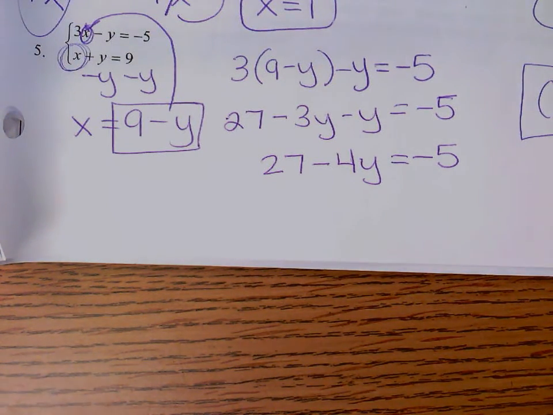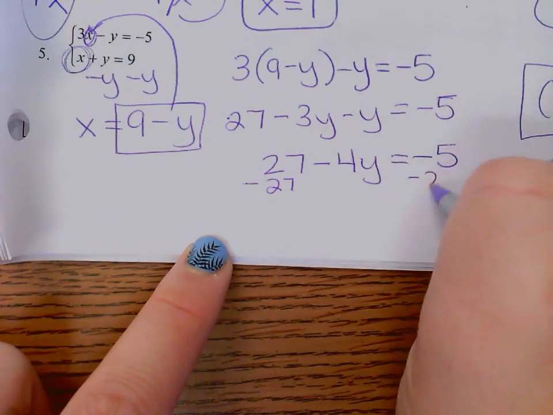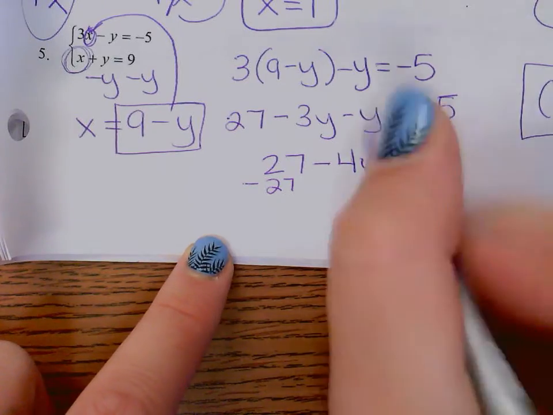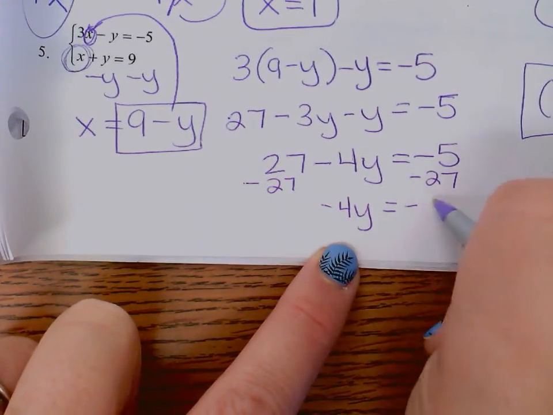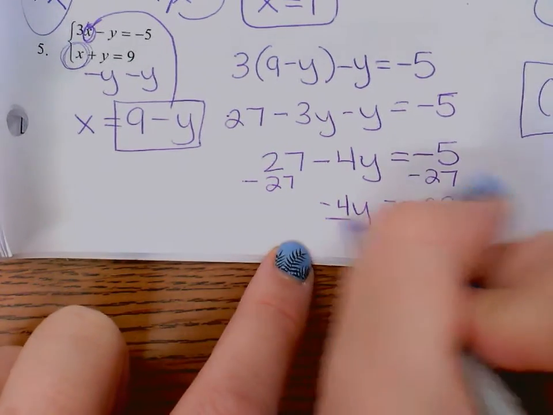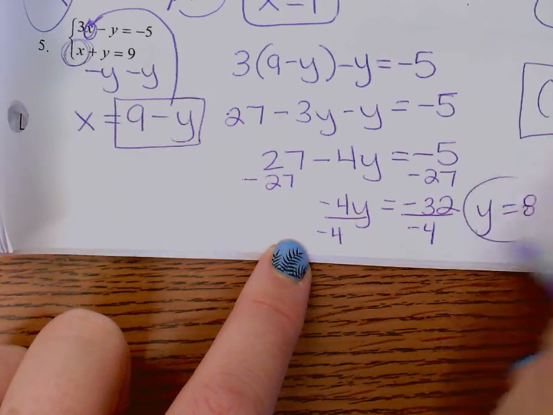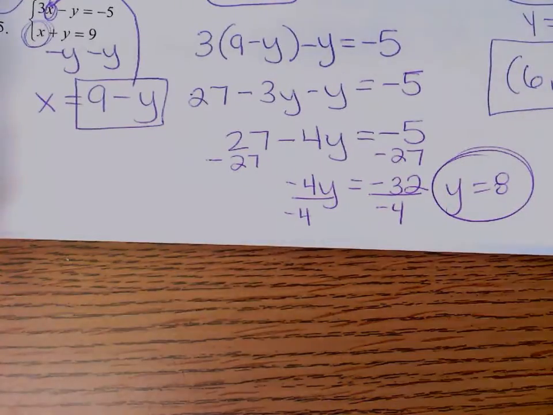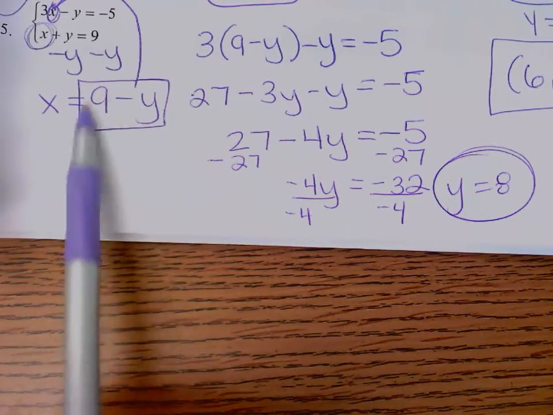All right, so I subtract 27, is that right? Yep. Negative 4y equals negative 32. So when you divide by negative 4, y is 8. And that's only half my answer, but it's really easy to get my other part of the answer with this rectangle over here, right?